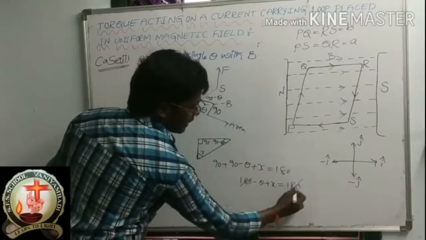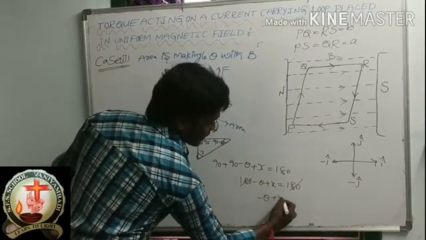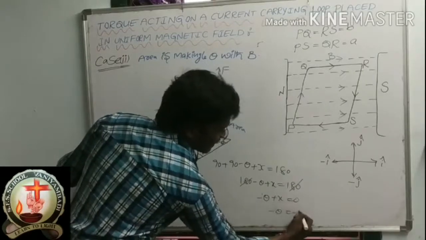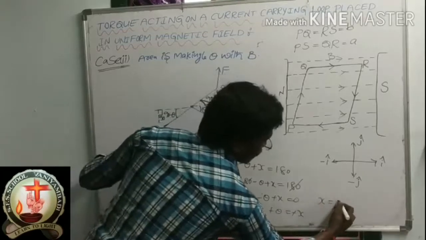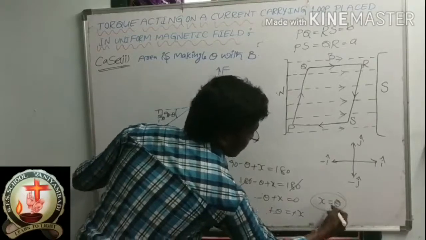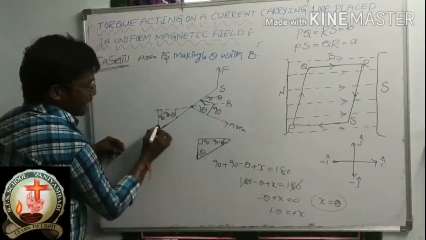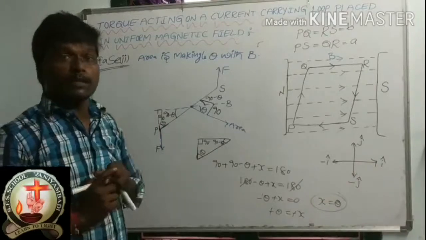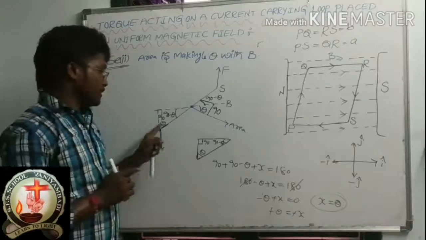Here 180 and 180 cancel. Then minus theta plus x is equal to 0, so x is equal to theta. So here what is the angle? The x value, theta. I hope you understood how I solved this. This is theta.